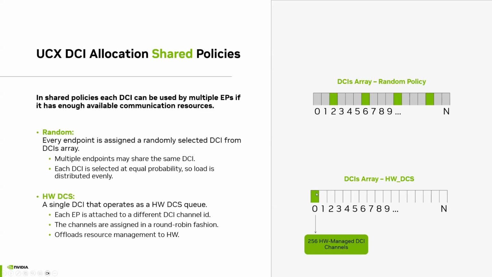We are creating a single DCI with, I think, 256 hardware-managed DCI channels, and each EP is assigned to a specific channel, and that's how the hardware knows to distinguish between messages coming from different EPs. So in theory, it should be pretty good.